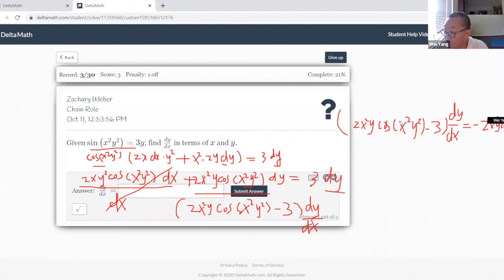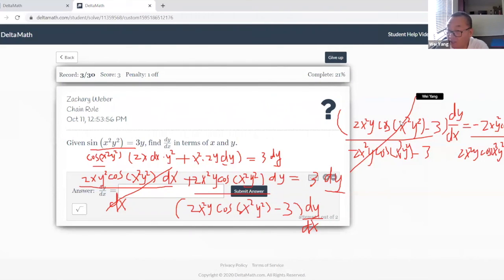Then you need to use the parentheses. Then divide both sides by this term. You get cosine of x squared y squared minus 3 on this side, also 2x squared y cosine of x squared y squared minus 3. See, on the left side, this one cancels out.